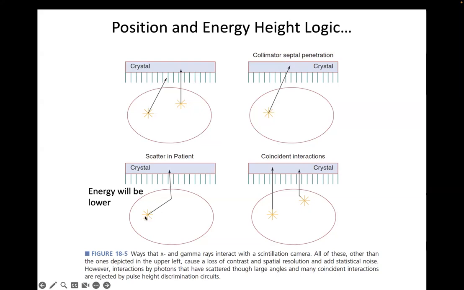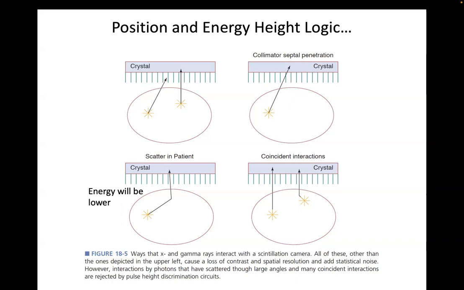The other thing that can happen is that the primary photon is emitted from your agent, travels in the body, and then interacts with, say, an electron in a molecule in the patient, and scatters off that electron. It deposits energy, the electron shoots off with some energy, and the new photon from that collision is at the right orientation to get through the septa and get detected.